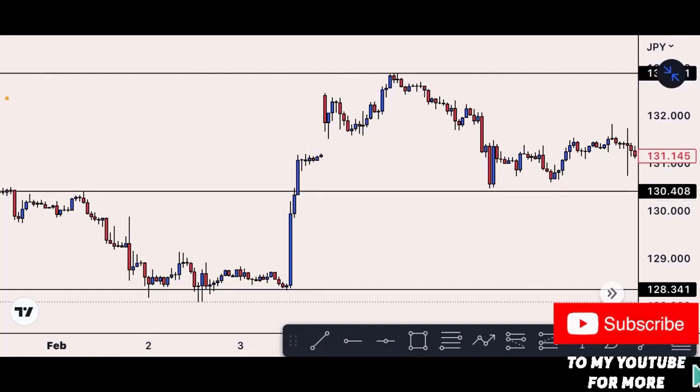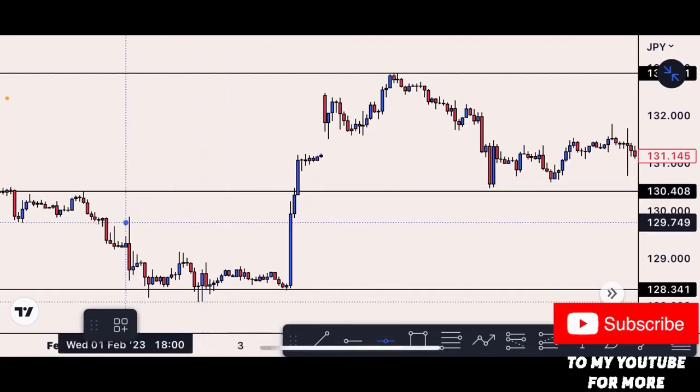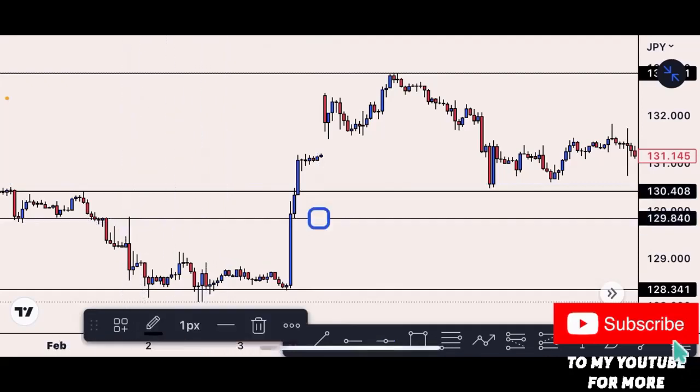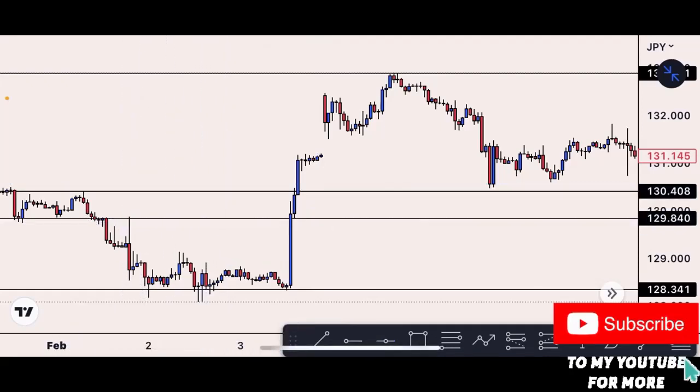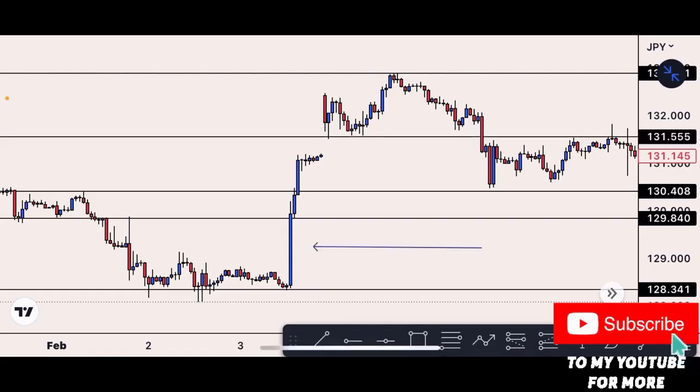Okay, so already I have identified my major zones in the market. Trying to look clearly to see if I can find any other major support or major resistance. I can decide to place one more just here. And looking clearly, I can't find any other for now.